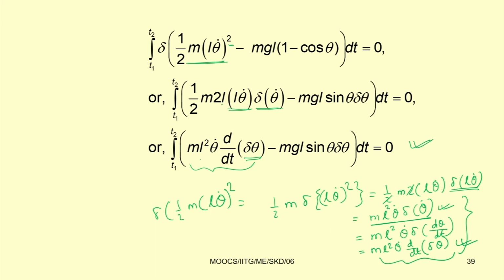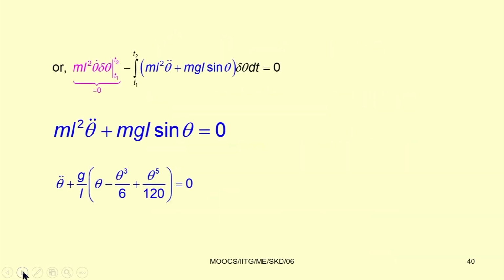Now you can easily integrate this thing. This is m L square theta dot d by dt of delta theta into dt. So, dt will cancel, and this integration becomes m L square theta dot d of delta theta. Now you can integrate it easily by applying integration by parts.